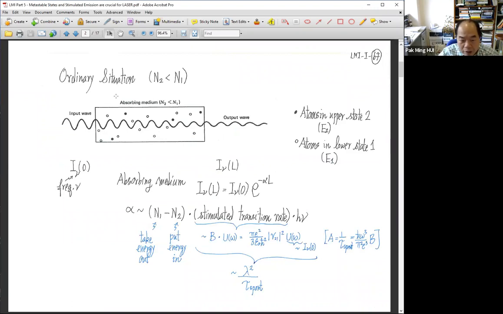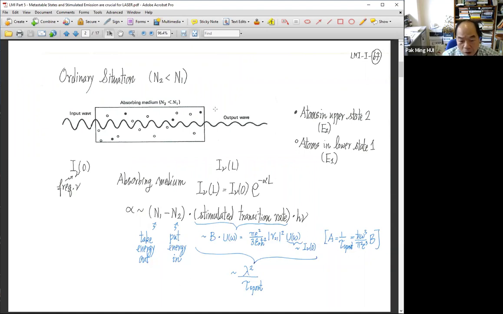So I have an ordinary material, a medium called an absorbing medium, because usually I will have N1 bigger than N2. Now, if I have an incident radiation EM wave go through this sample of length L, even though we have stimulated absorption, stimulated emission, all these processes, due to the fact that we have more in the lower state, more absorption will happen, right?